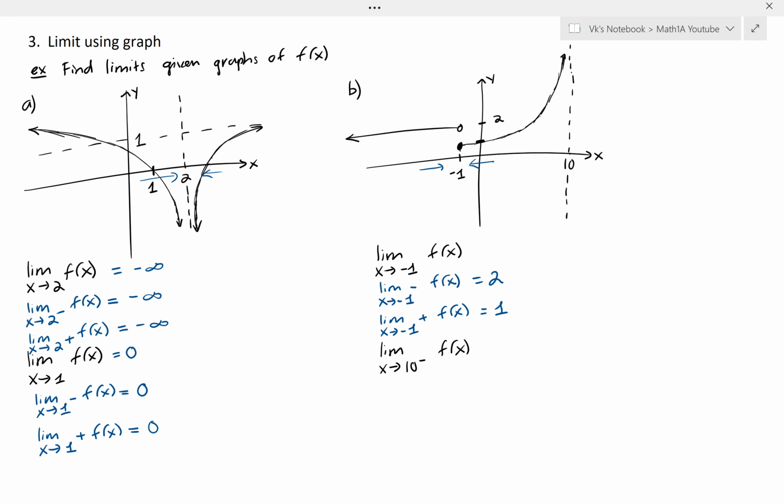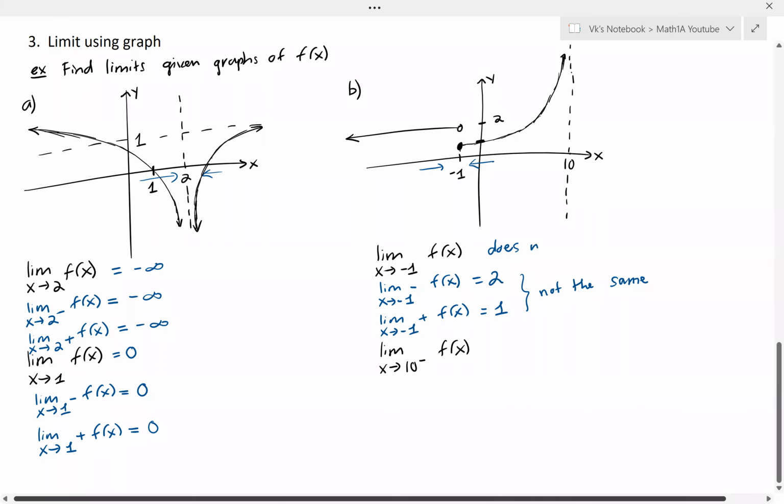Well, the left limit and right limit are not the same. So the limit does not exist, or DNE.